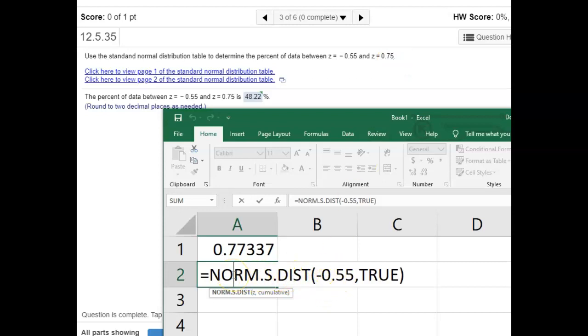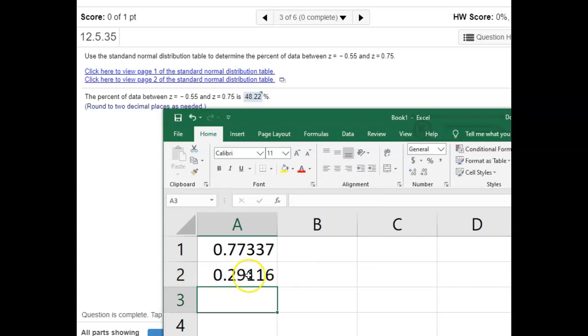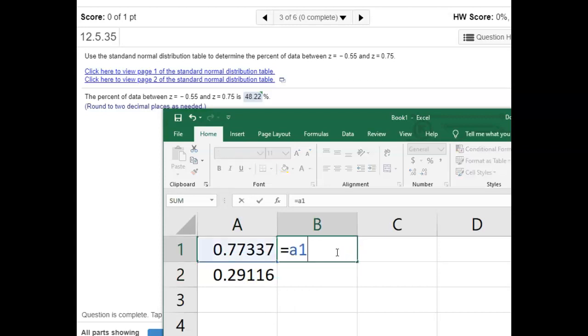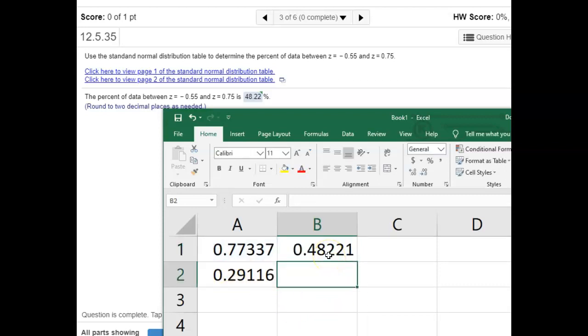I look up the data that is to the left of that, and I get that value. So I take my result from the larger one and subtract away the result from the smaller one, and all I'll be left with is the percent of data that is in between those two z values. As a percentage, slide the decimal point 2 spots to the right, you get 48.22% in between.